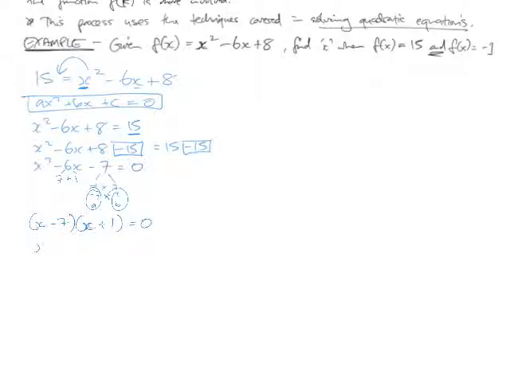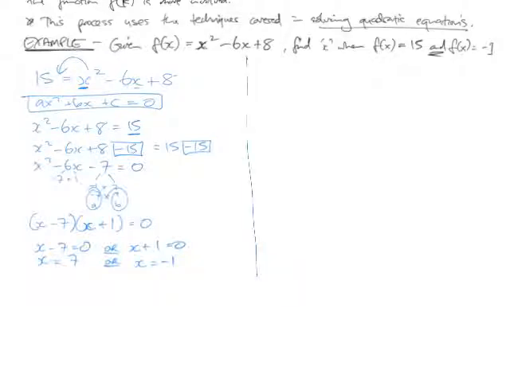So then x take 7 can be 0, or x plus 1 can be 0, therefore x is either 7 or x is negative 1. So if the function of x equals 15, given this function of squaring the input, then taking 6 times it, and then adding the number 8 to the result, x can either be 7 or it can be negative 1 as a solution to this.